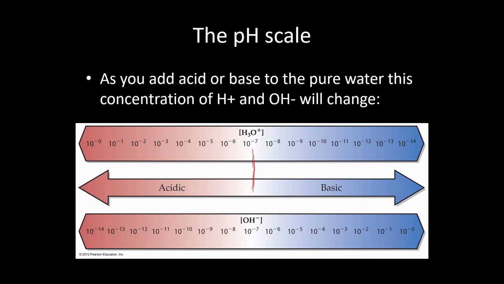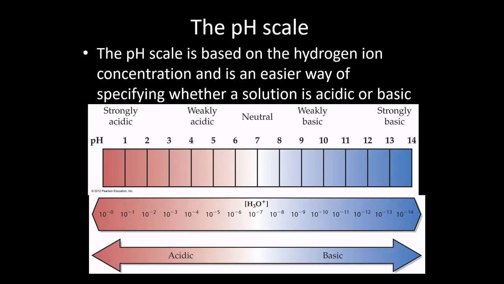Scientists didn't really like working with those concentration values, though. They wanted an easier way of dealing with these concentrations, and so what they did was they took those concentrations and put them on a log scale. And if you're unfamiliar with what a log scale is, it's not super important for us right now, but essentially it just takes a number and you ask the question, what would I have to raise 10 to get this number?